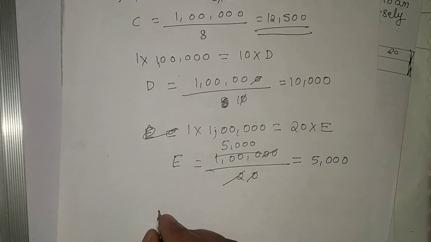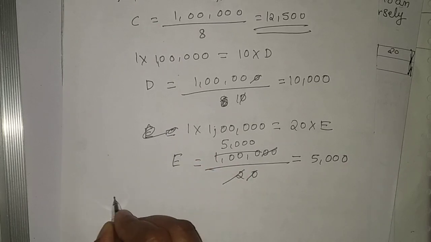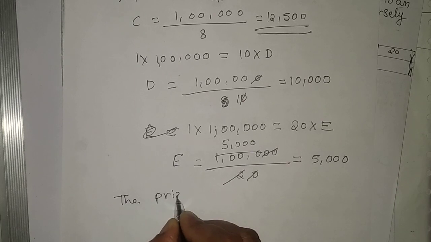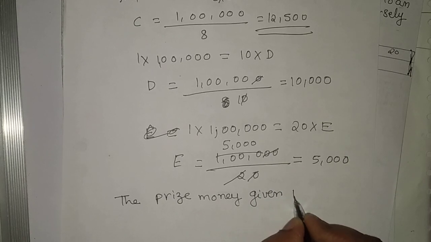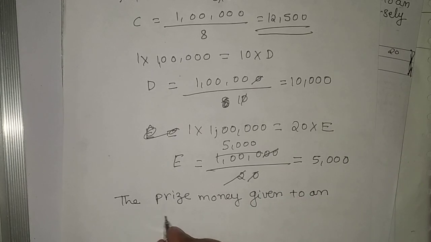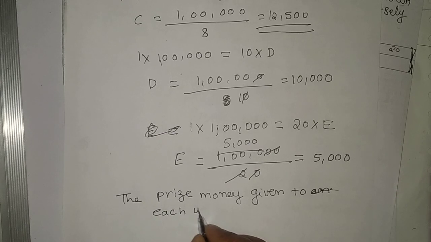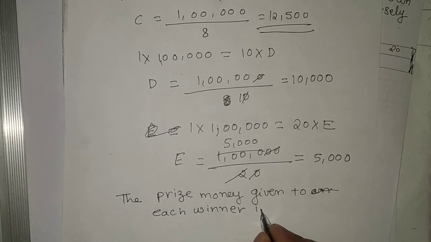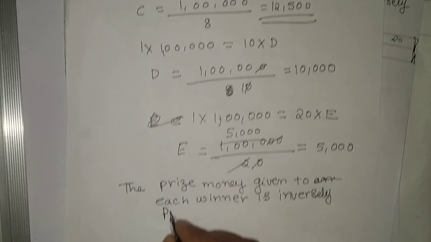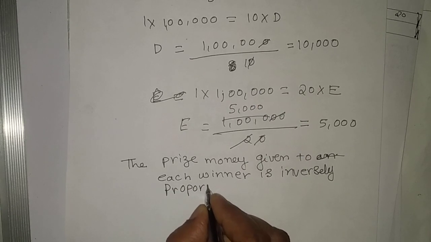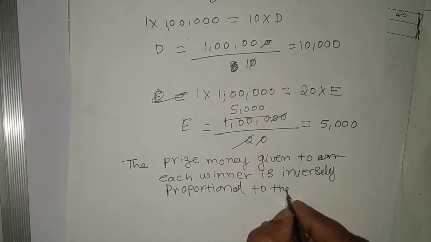After this, finally we have to write the prize money given to each winner is inversely proportional to the number of winners.